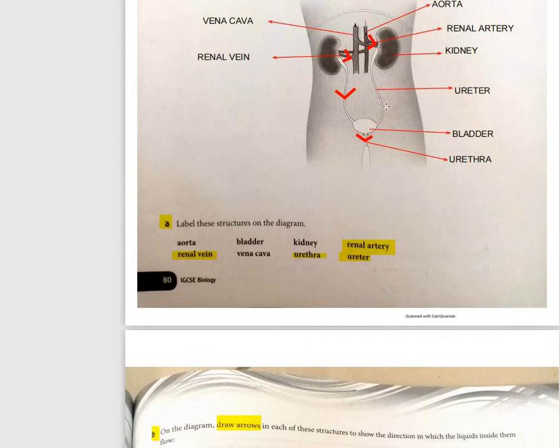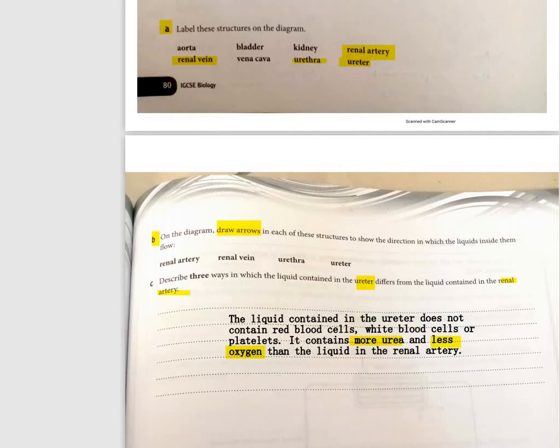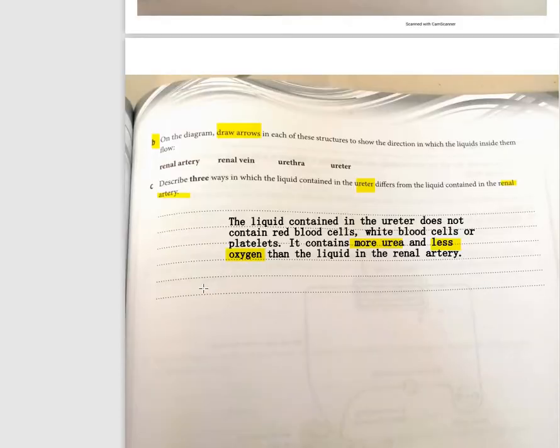However, in the ureter you only have the water and the urea, and there's obviously less oxygen, because oxygen is needed by the cells and organs of the body, so it won't be filtered out. Okay, so this is about this part of the question, and now that we're done with part C, let's move on to the next one.